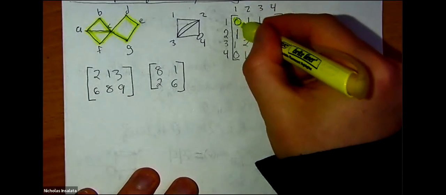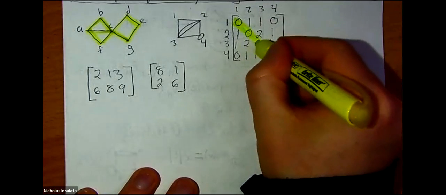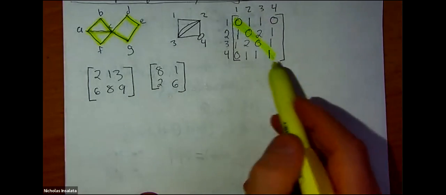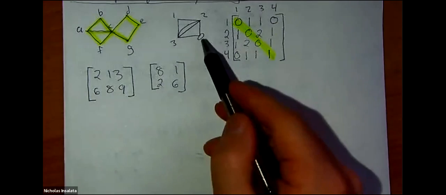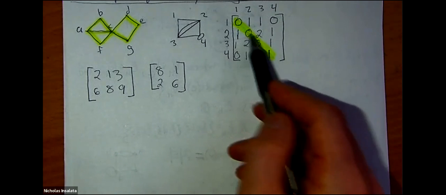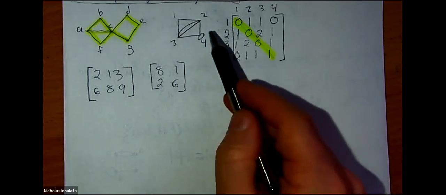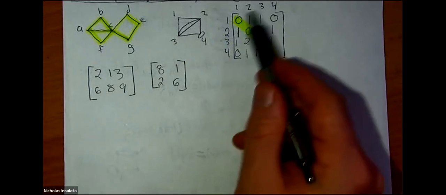By the way, for those of you that have not had linear algebra, the diagonal is the top left to bottom right. This is what's meant by the diagonal, not the other diagonal. We never mean that one. If the diagonal is all zeros, that means there wouldn't be any loops, because there's no edge from 2 to 2 or 3 to 3. And if we didn't have that loop here, there would be no edge from 4 to 4. How about parallel edges? How do those get represented over here?